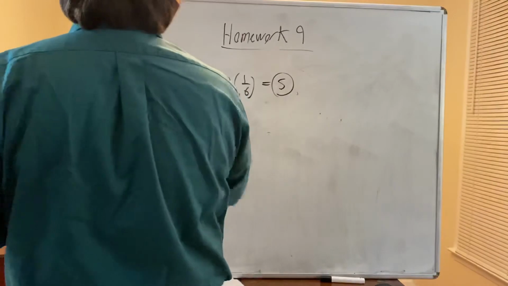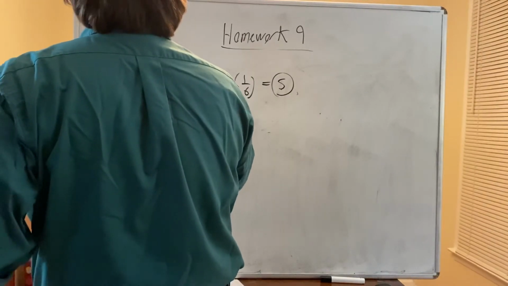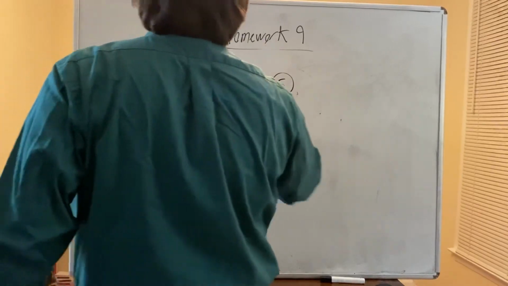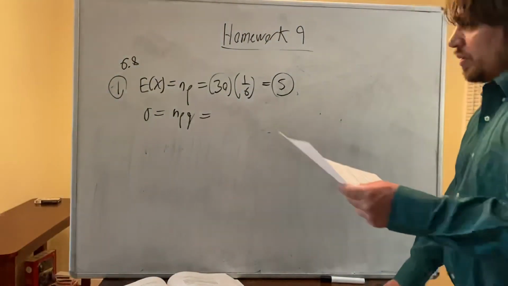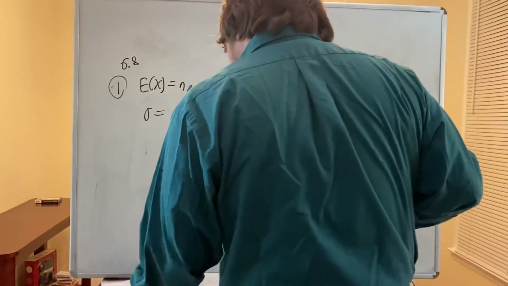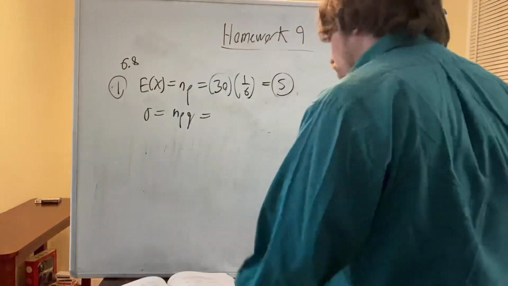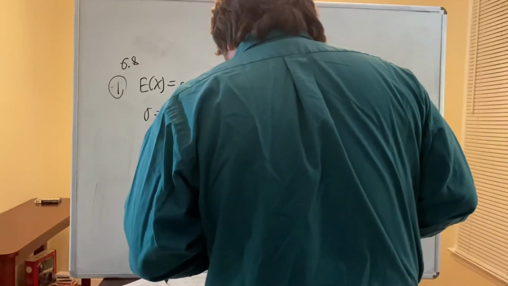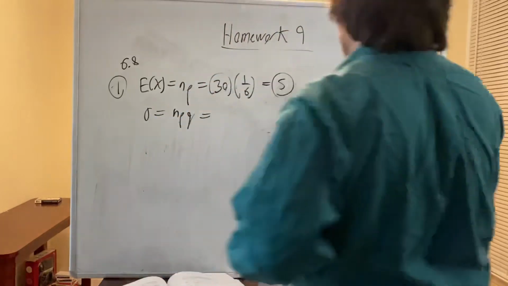What is the standard deviation? Well, the standard deviation is just NPQ. Okay, so if you look at the table on page 213, no, so no table, forget that, sorry. But this is a binomial distribution.